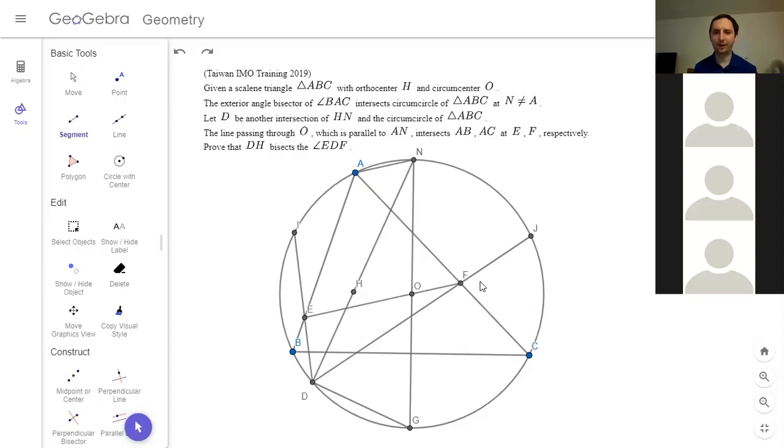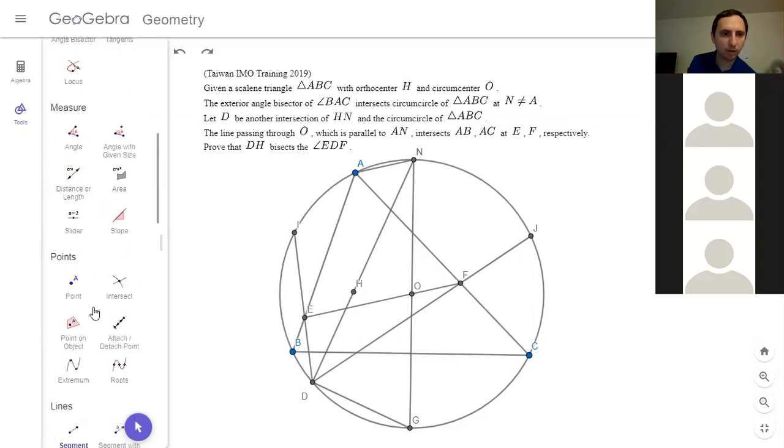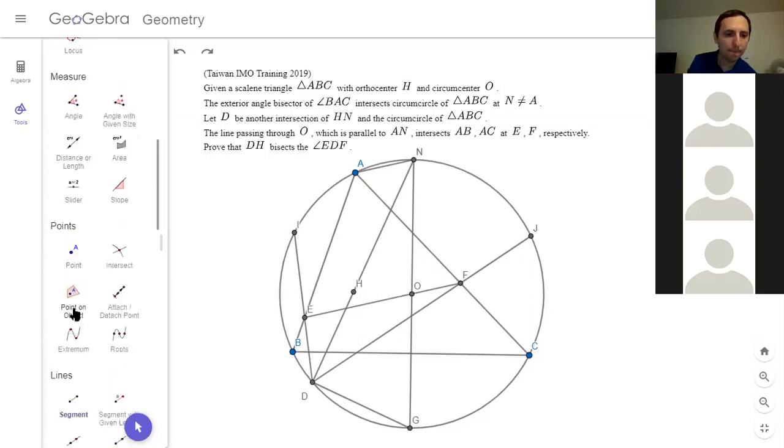Yeah, it feels like it should be trivial, but oh, we have to prove that BDF is 90 degrees. Maybe we can draw altitudes. Did you say BDF is 90? Yeah, we have to prove that. So we can use altitudes maybe.